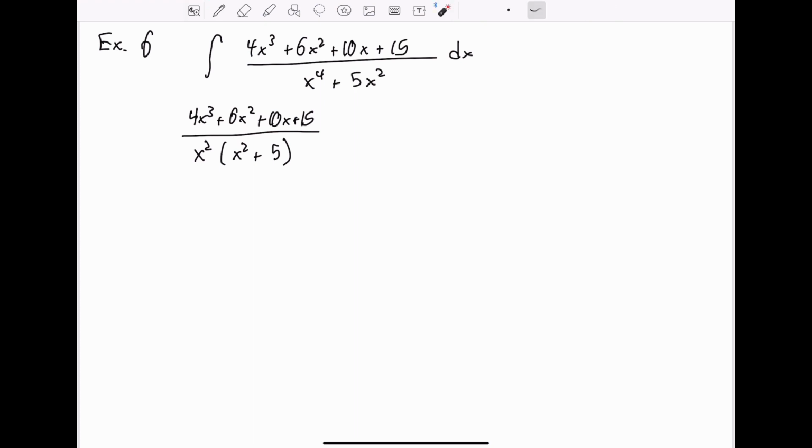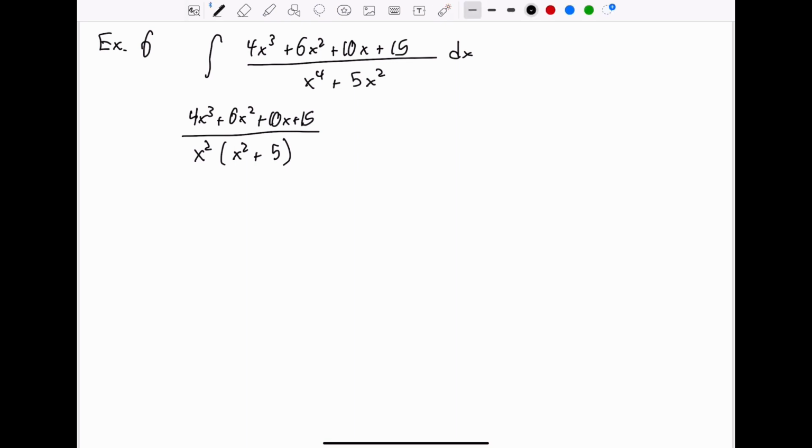I have a repeated linear factor of x squared, and the x squared plus 5 is an irreducible quadratic. If we check the discriminant, I have 1 x squared plus 0x plus 5. So if we check b squared minus 4ac, we would have 0 squared minus 4 times 5. We have a negative discriminant, so this x squared plus 5 is an irreducible quadratic.